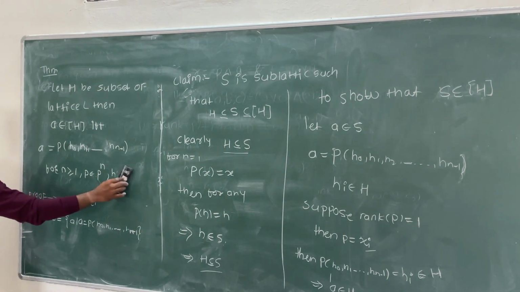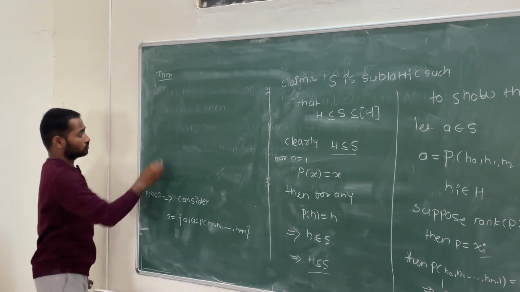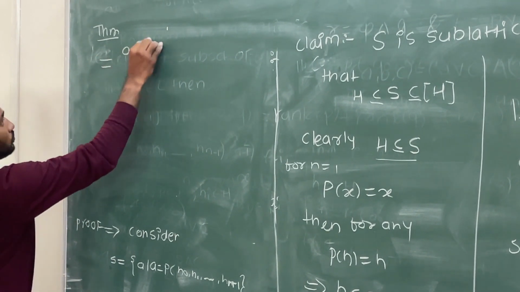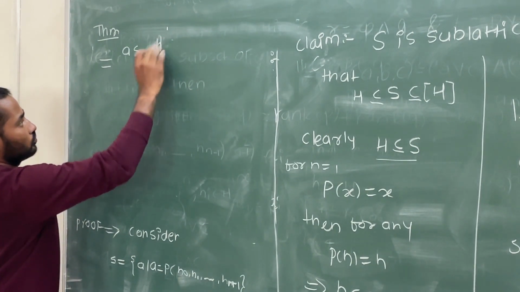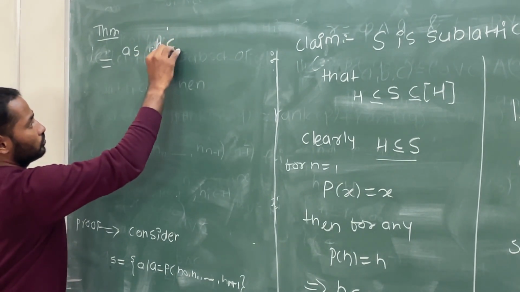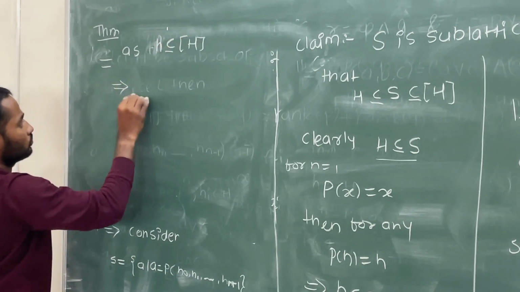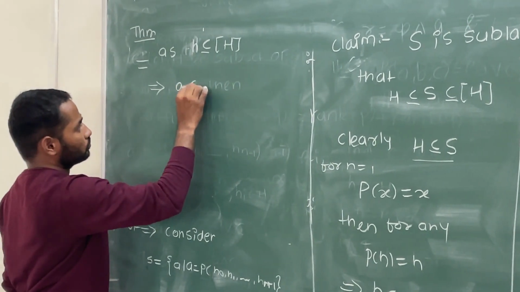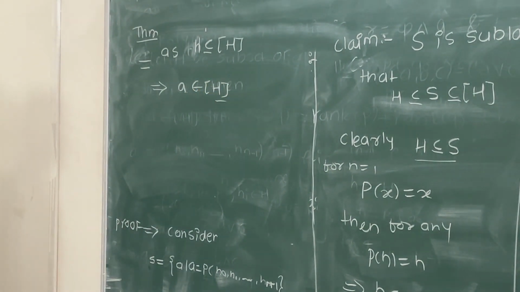It is because H is contained in square bracket of H. We proved that a belongs to H, so therefore a belongs to square bracket H. So if rank of P is 1, we are done.